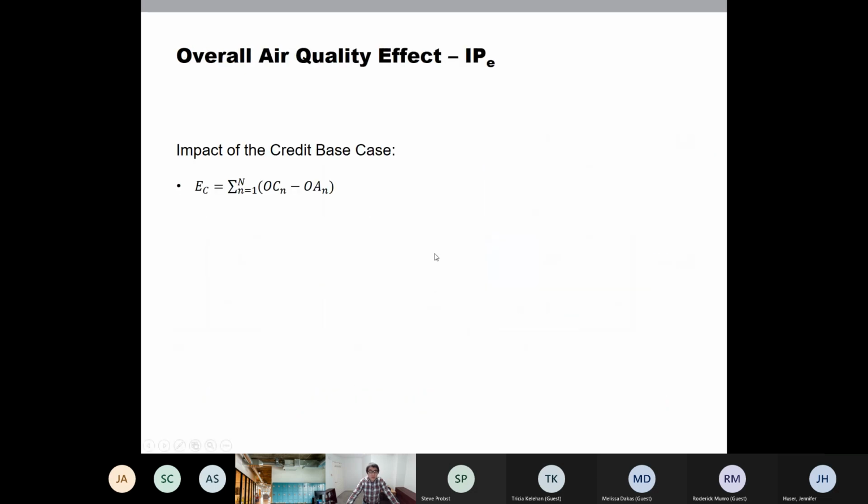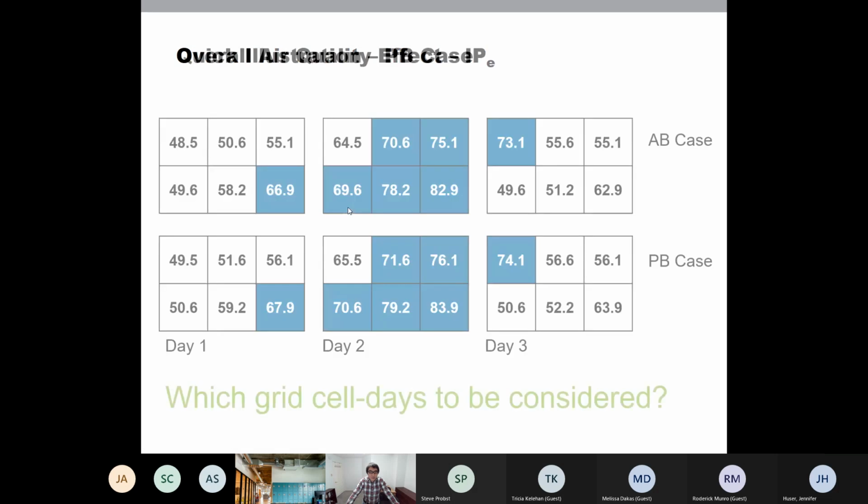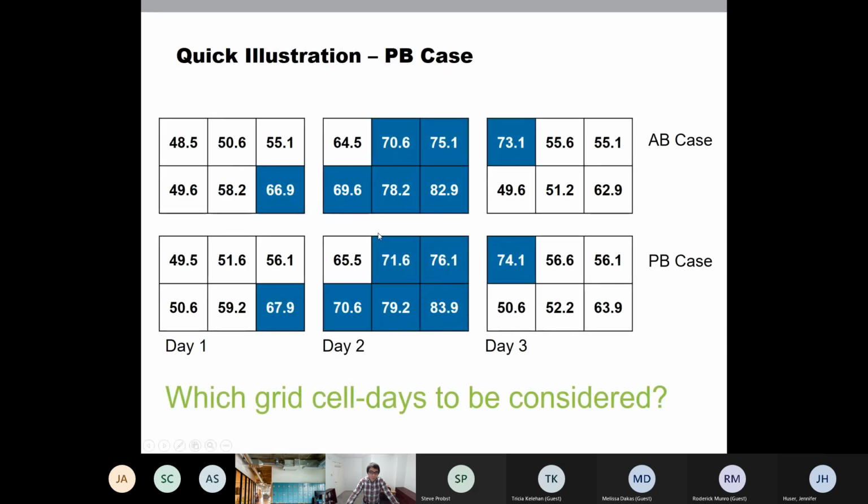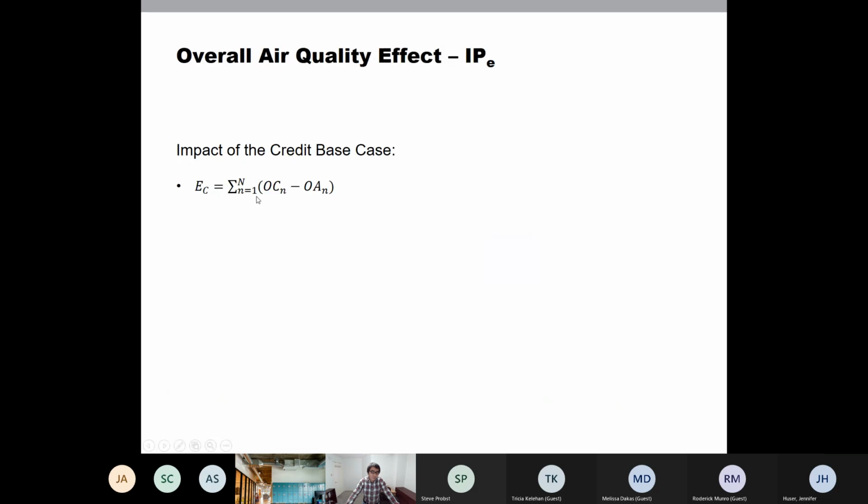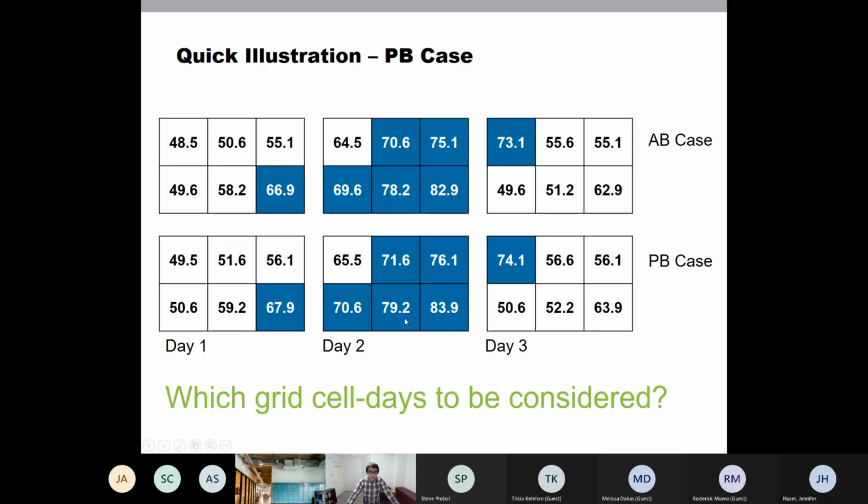So let's calculate the IPE, which is the overall air quality effect. We need to look at all those grid cell days that we picked and do this summation. We take the credit base, for example, and all these changes, like 79.2 minus 78 point, that's 1, right?